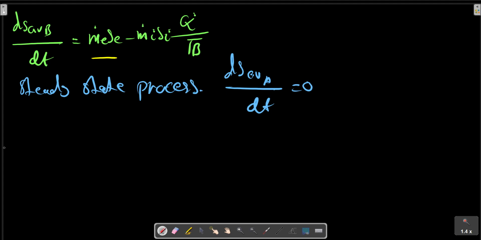Each term is integrated over the time t of the process, as was done in the previous section.